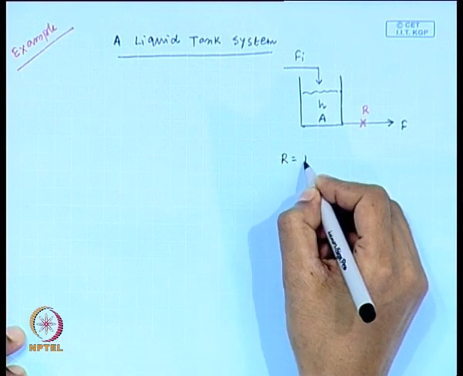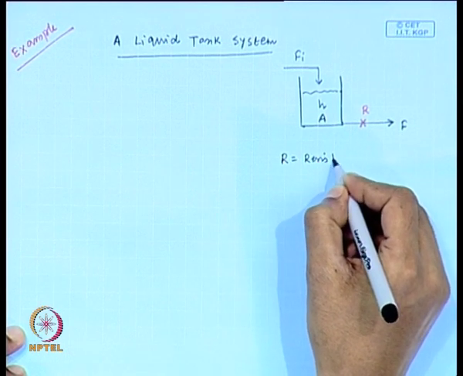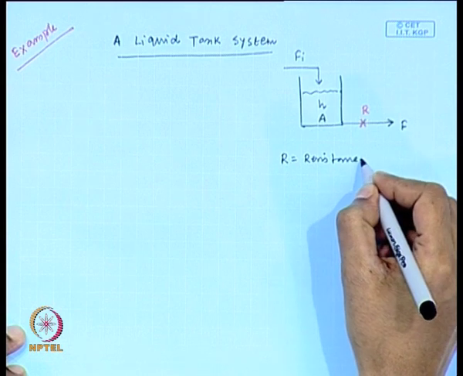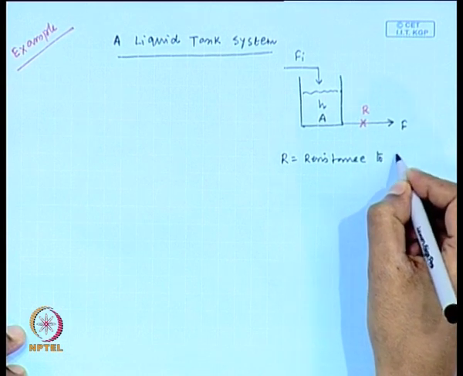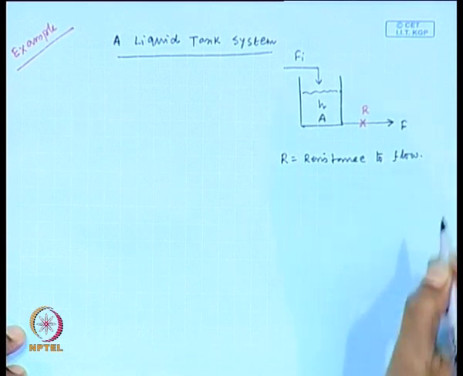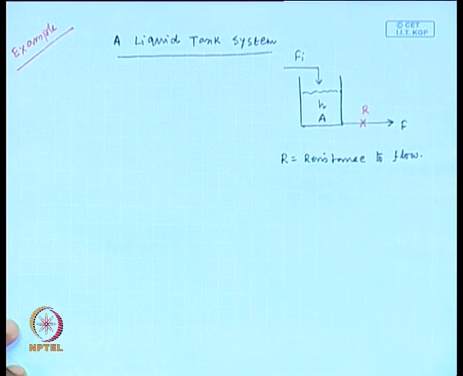Fine. Now, this effluent flow rate F is related to the hydrostatic pressure of the liquid height h through resistance R. Here R is the resistance to flow. Fine.